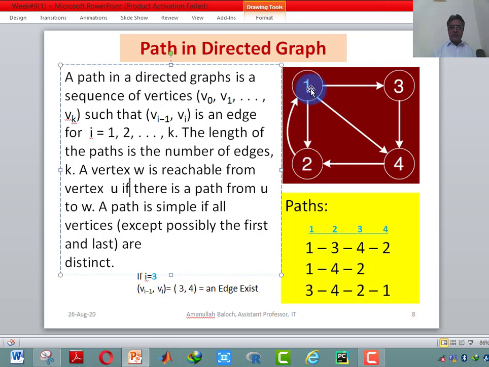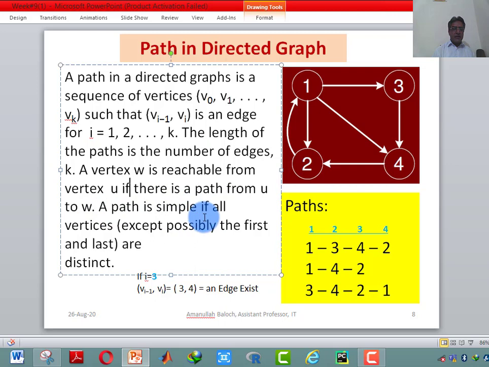There are many paths from 1 to 2: the direct path, 1 to 3, 3 to 4 and 4 to 2, another path 1 to 4 and 4 to 2. We go from node 1 to node 2. So this is U and this is W. From U to W, many paths exist.